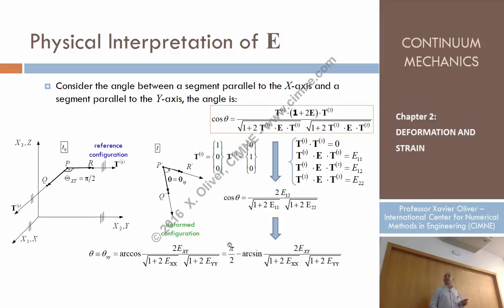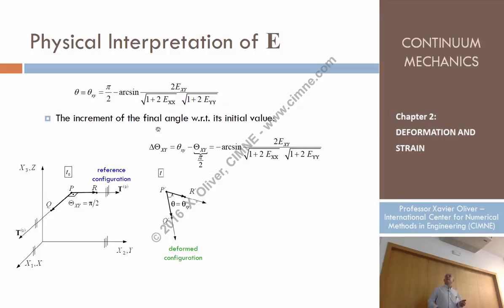So theta minus pi over 2, this term goes to the other side, and this part here is the difference of theta minus pi over 2, being the original angle. So the increment of this angle is given by this formula here.